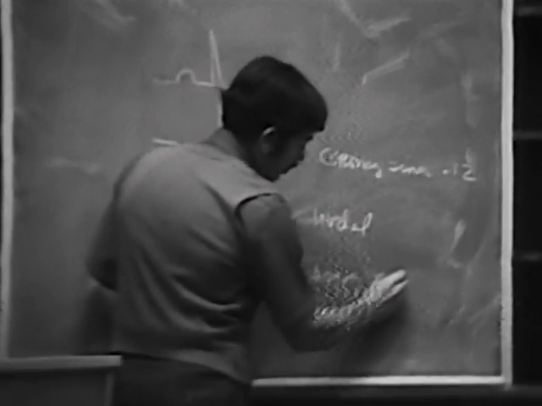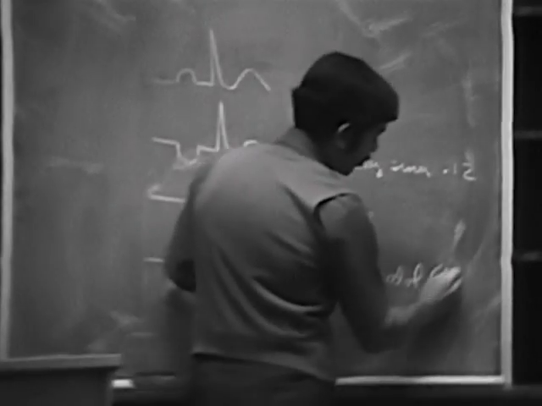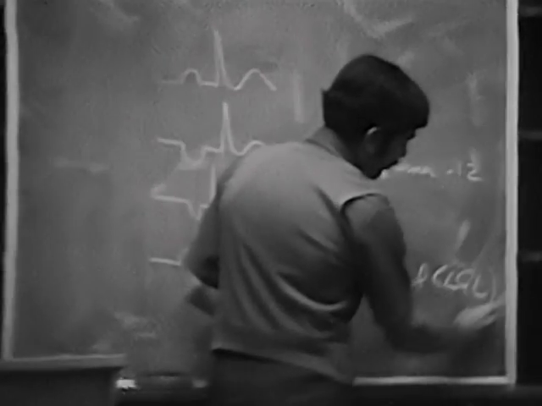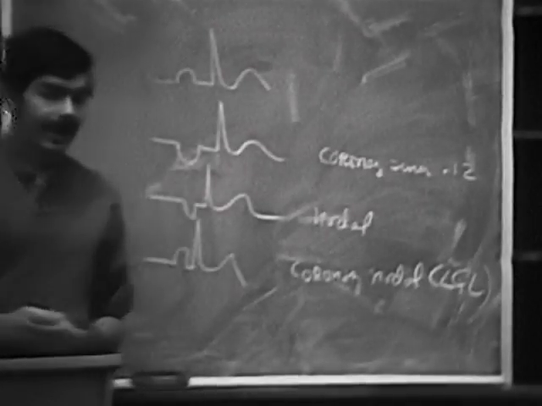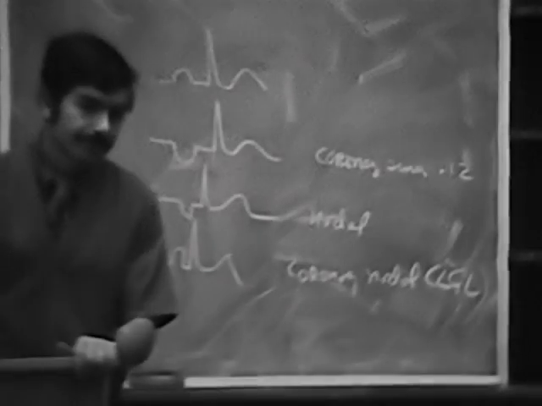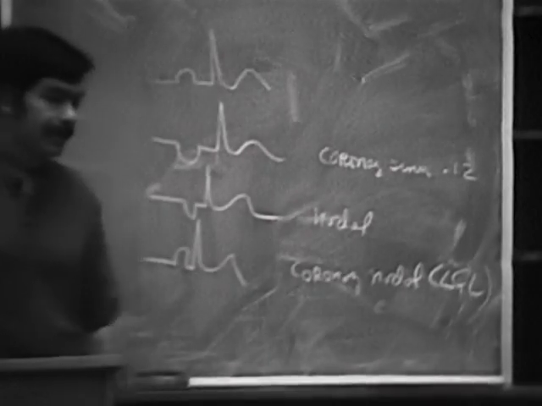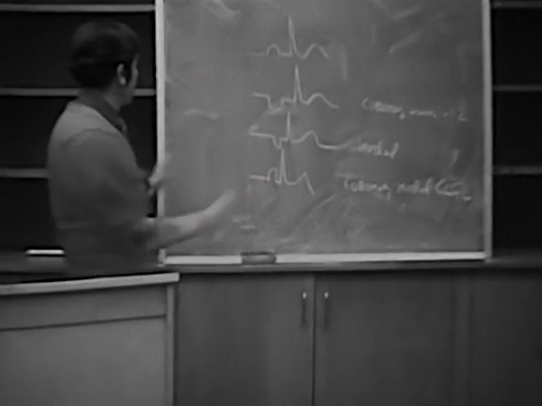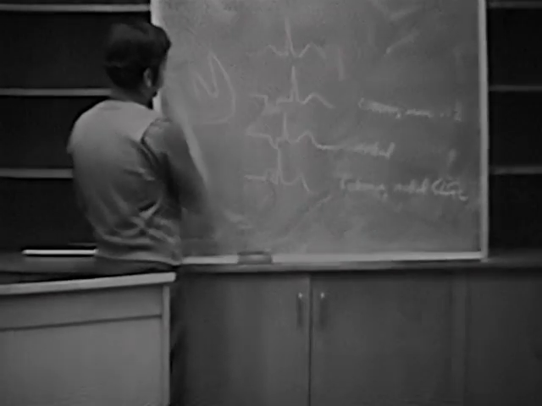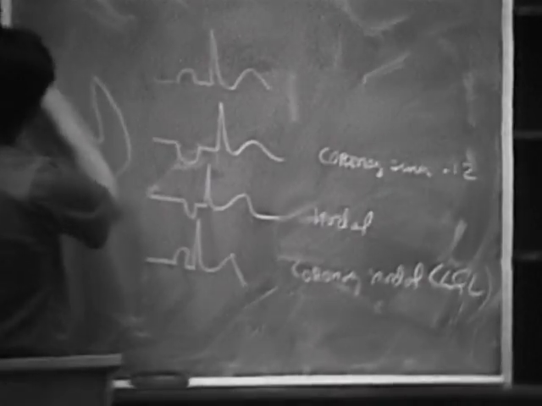coronary nodal, or this is also called the LGL. The LGL, or the Lown-Ganong-Levine syndrome. Lown-Ganong-Levine. We see this not infrequently. And what's happening here, as you said, it's very much like the Wolff-Parkinson-White.